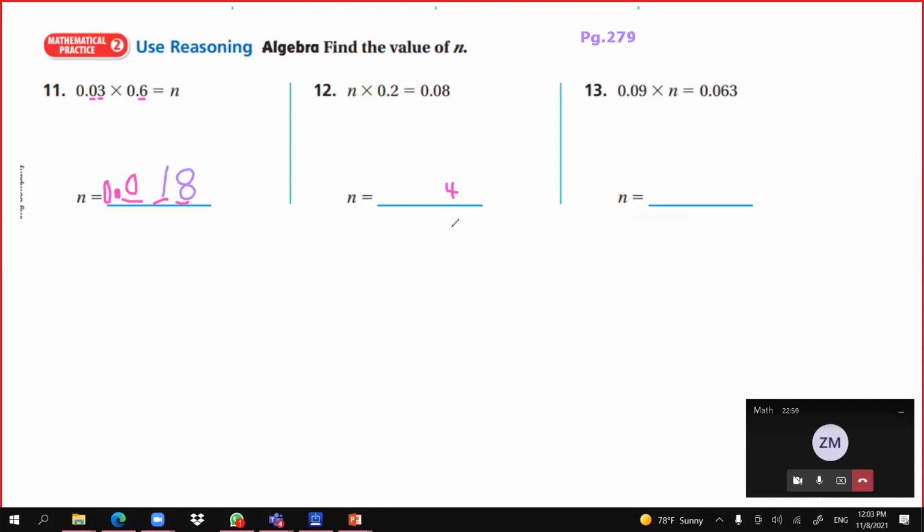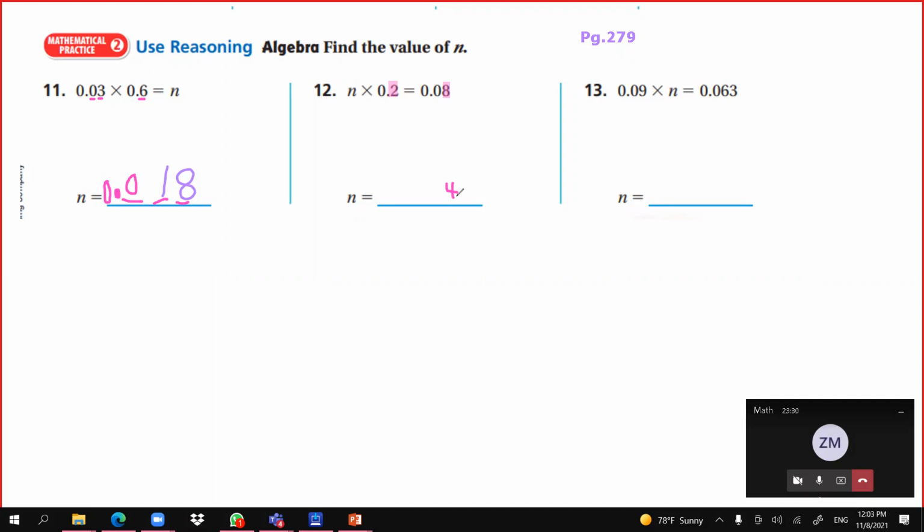Yes, Maryam, thank you. It's true, it's 0.4. But I will let you know how you will know that it's 0.4. First of all, ask yourself. Here you have whole number 2. Here we have whole number 8. Then ask yourself, what is the whole number that when you multiply it by 2, you get 8? It's 4. Is it right?